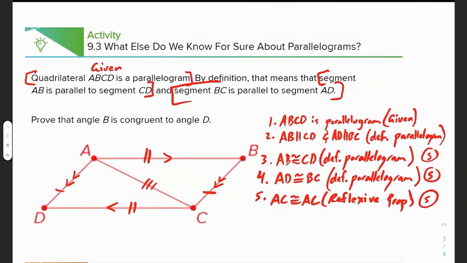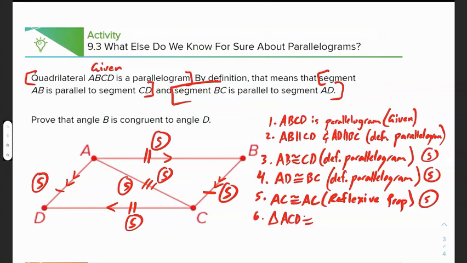We finally have, right, side, side, side, triangle congruency theorem. So 6, these two triangles, we'll call it triangle ACB, or I'm sorry, ACD, and triangle, let's see, triangle CAB are congruent by side, side, side, triangle congruency.